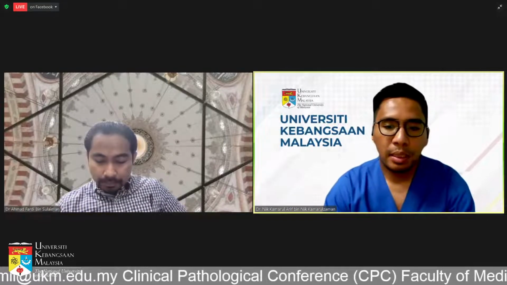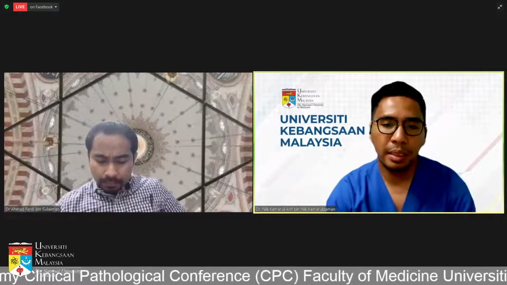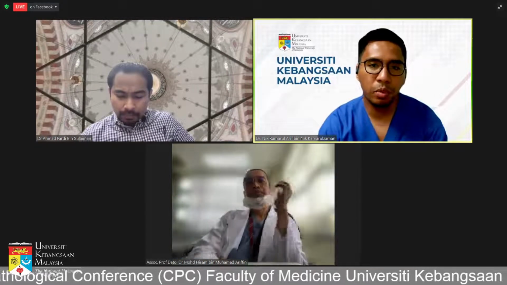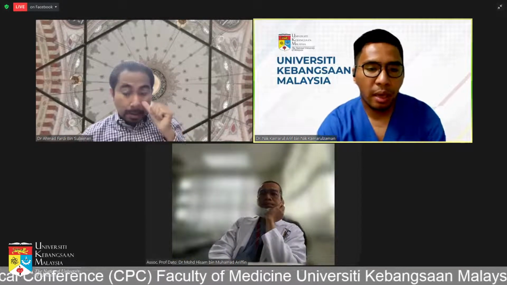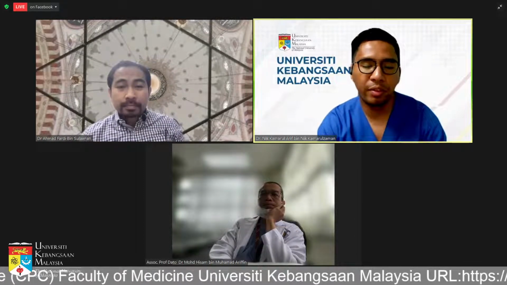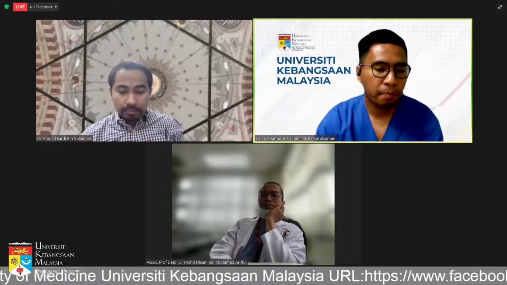So the surgical team also took a big role in this patient in view of, as mentioned earlier by Datuk Sham, that open book fracture patients usually have a high mortality and morbidity rate. But in view of early intervention by various teams, this patient survived and was discharged well.